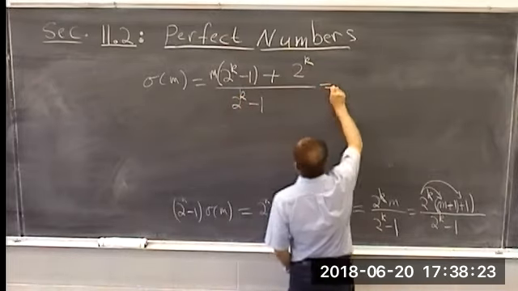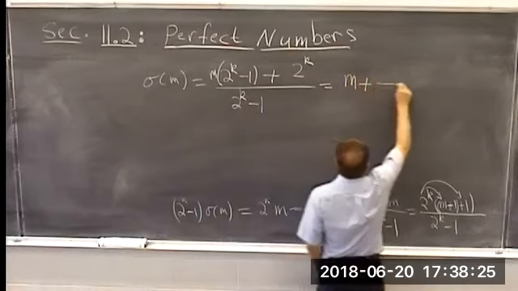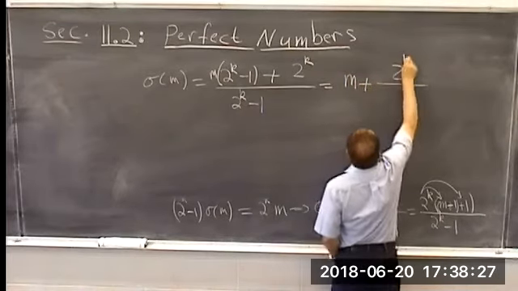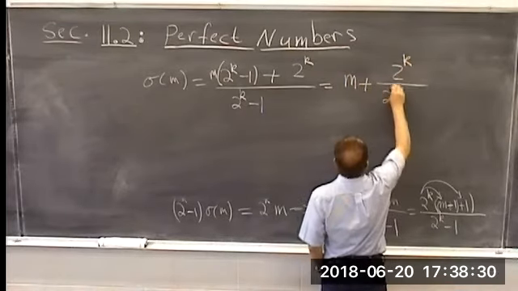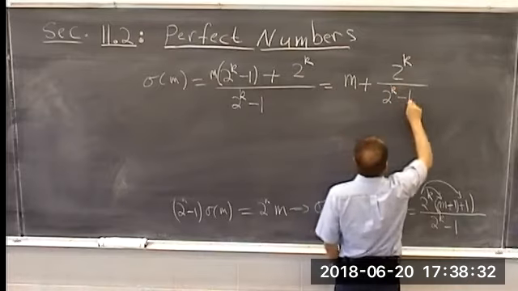And this is equal to m plus 2 to the k over 2 to the k minus 1.